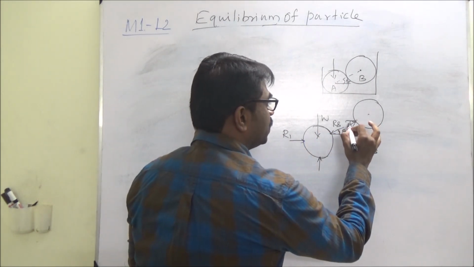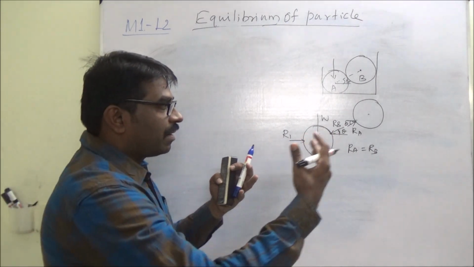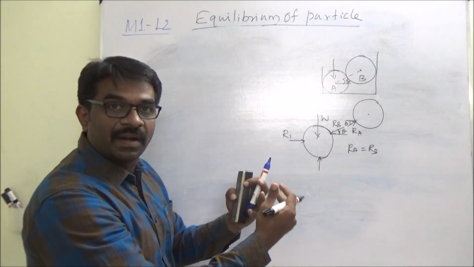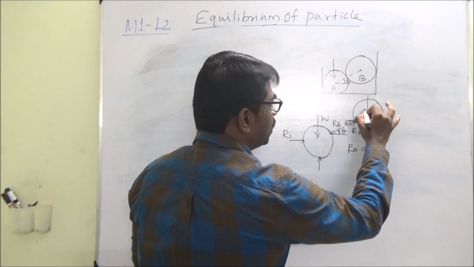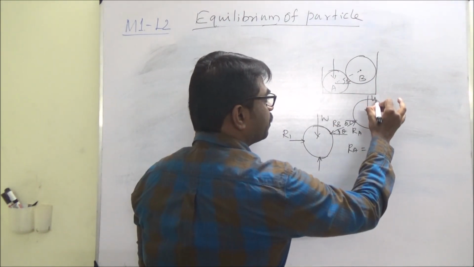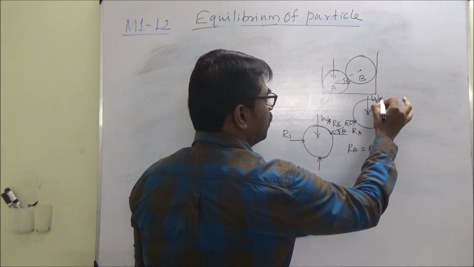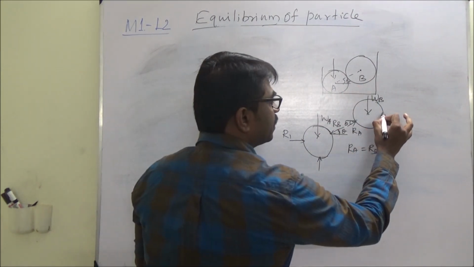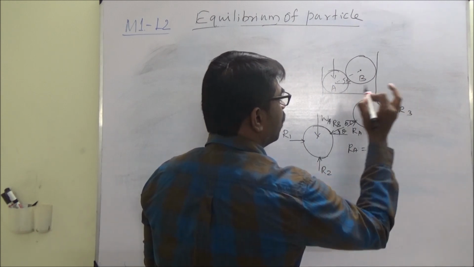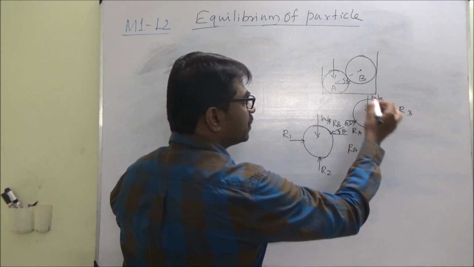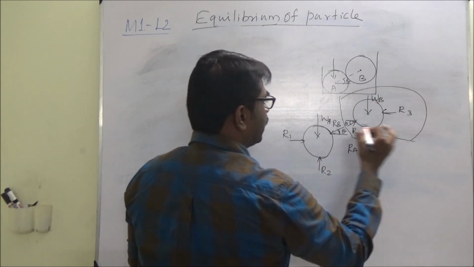So this is also theta. When two bodies are in contact, you need to know how to represent the forces. Here also the weight will act. Maybe this is WA and this is WB, and then here will be one reaction, maybe R2, and this is R3. So this completes the free body diagram.